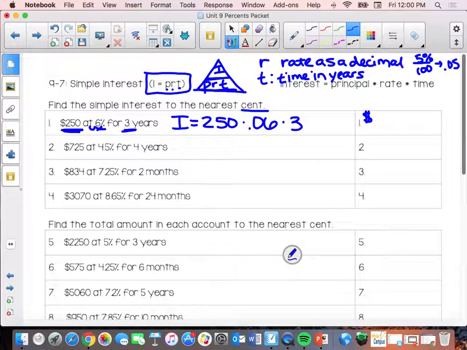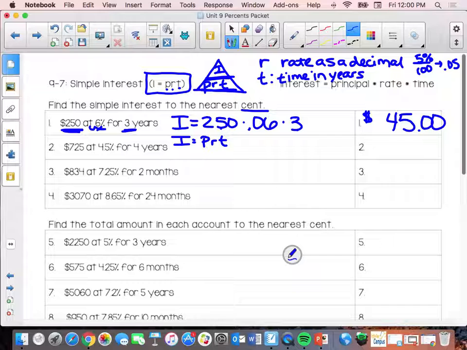So that's why this is here. You might need to take the interest and divide by what is given in the problem. But these first bunch do not have any different problems. They're just straight I equals PRT, and you just go ahead and multiply. But don't forget to convert to a decimal and convert to years. So let's check that first one. What did you get for this first one? 250 times 0.06 times 3. Did you get $45? Great job.